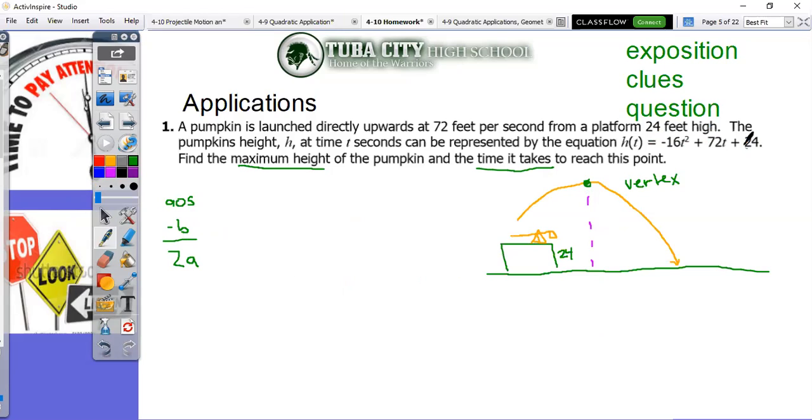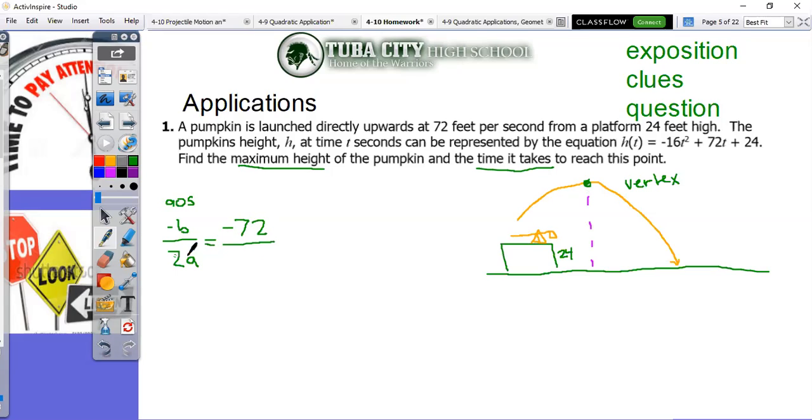And we already have our function set up, so we don't need to change anything. So just plug it in. So in positive 72, but remember when you plug it in, the formula says that we need to change it so that it's a negative, or basically if it's a negative, it'll change it to a positive. Basically, you just reverse the sign.